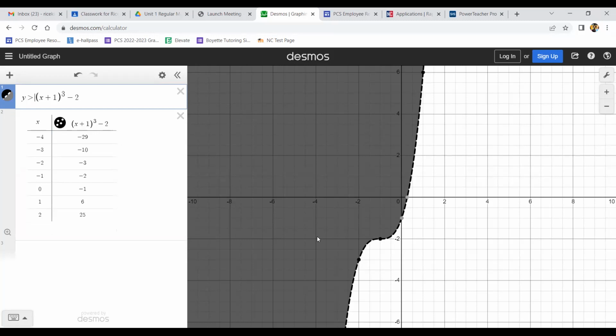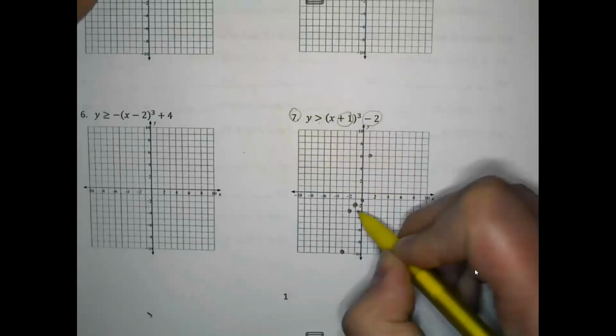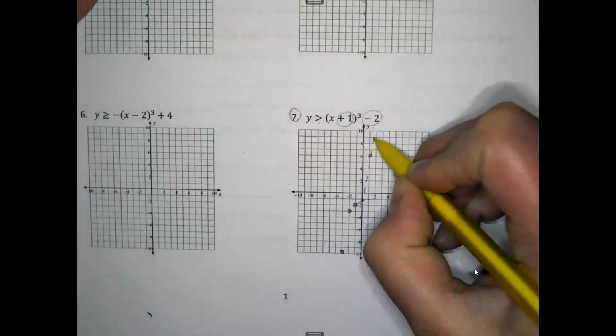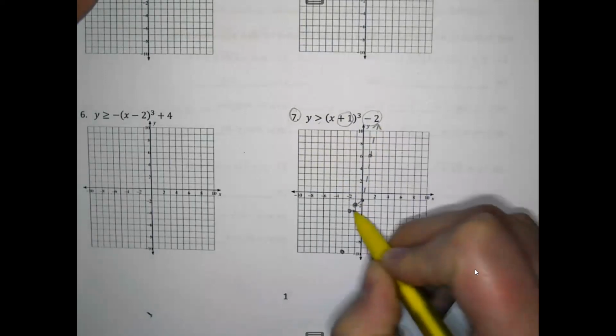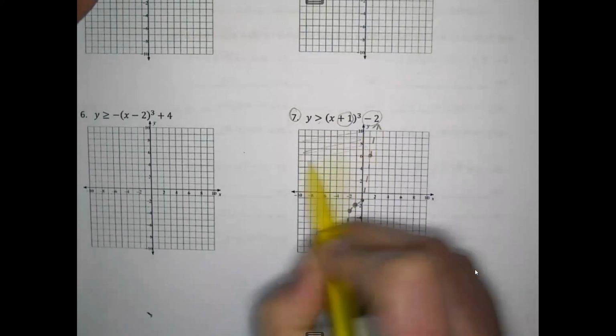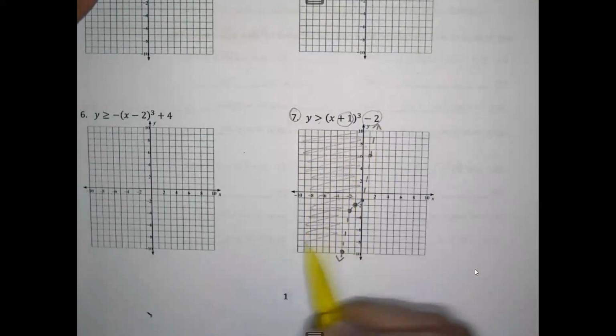So I'm just going to make sure I graph it that same way. So a dotted line, with the shading on the left. There we go.